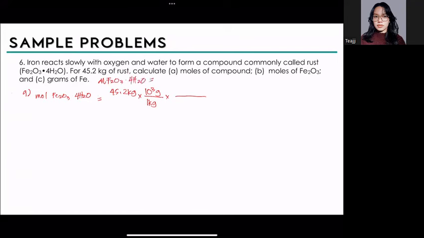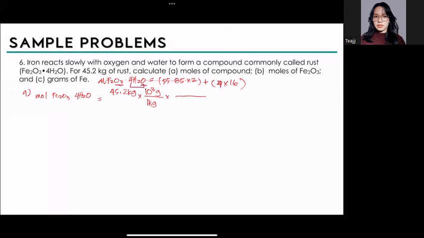So, kunin natin yung molar mass. That will be 55.85 times 2 plus oxygen, that's 4 times 16. 4 kasi 3 plus, mali. That's 3 plus 4 times 1.